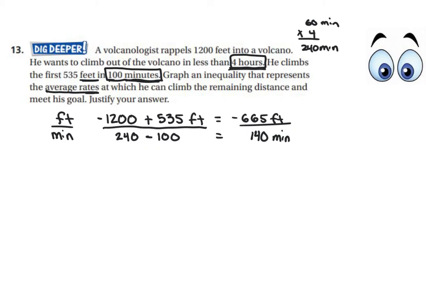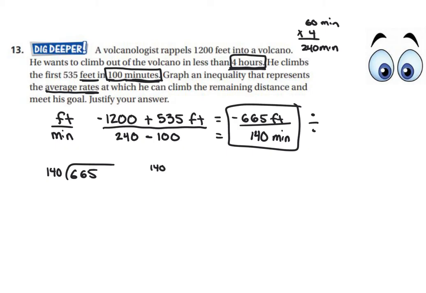So we're going to have to divide because this is a division problem. So we would say 665 divided by 140. How many times does 140 go into 665? There's 2, and we're at 280. Add another 140. So then 8 plus 4 is 12.